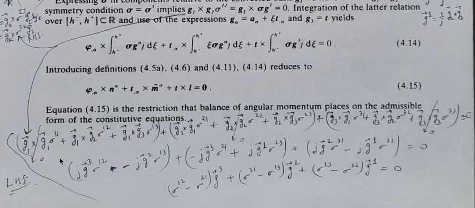When we expand this equation, some terms get cancelled out and other terms get combined in this format. When we write the right hand side of this equation in terms of sigma transpose, we get this whole thing equal to 0. That means all these terms are individually 0, so sigma is equal to sigma transpose.